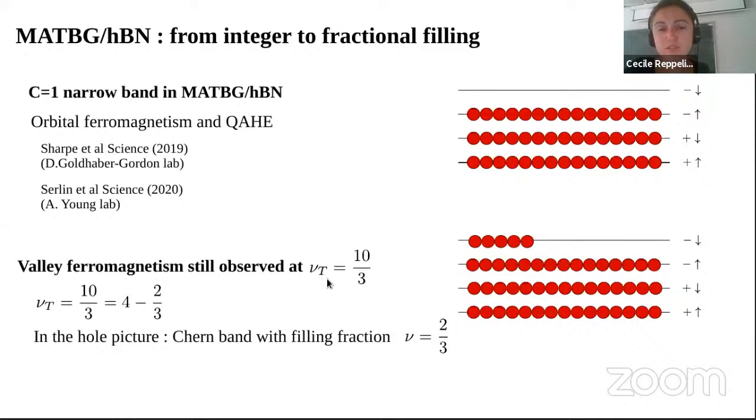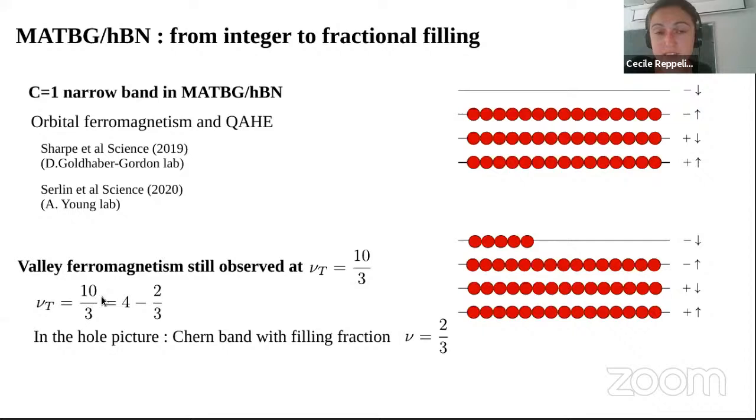I want to consider the filling 10/3 because I know that valley ferromagnetism, or orbital ferromagnetism, however you want to call it, was observed at filling 3, but also for filling slightly larger than 3, including this 10/3 filling represented here.